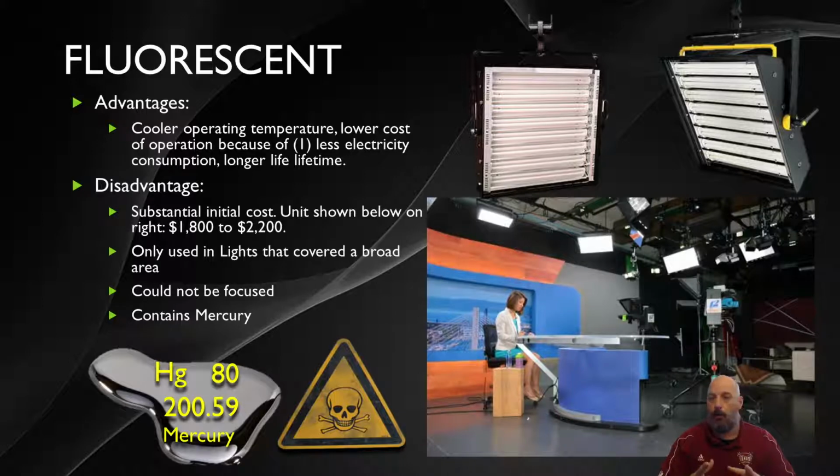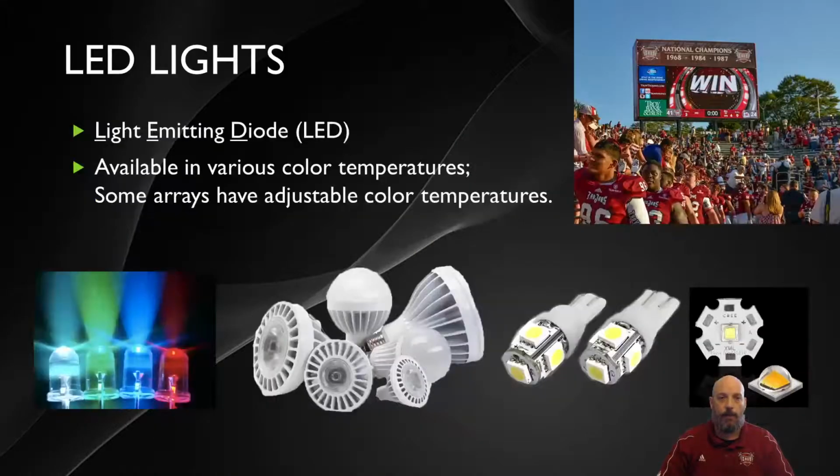If a bulb breaks, manufacturers recommend that you leave it alone and get proper equipment to handle the broken glass and any dust or vapor that may have settled. They don't want you immediately taking a broom and trying to clean up, because you're going to stir up the mercury vapor, and that could lead to health issues. Because of this, a lot of fluorescent lights are starting to be phased out, and newer technology like LEDs, which I'm going to talk about in a moment, are taking their place.